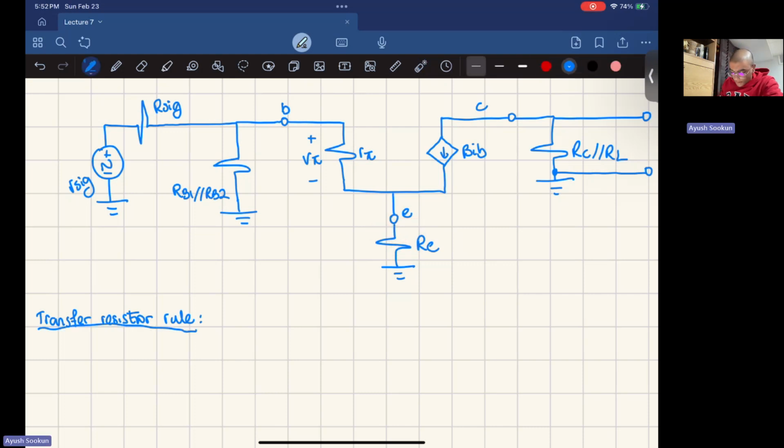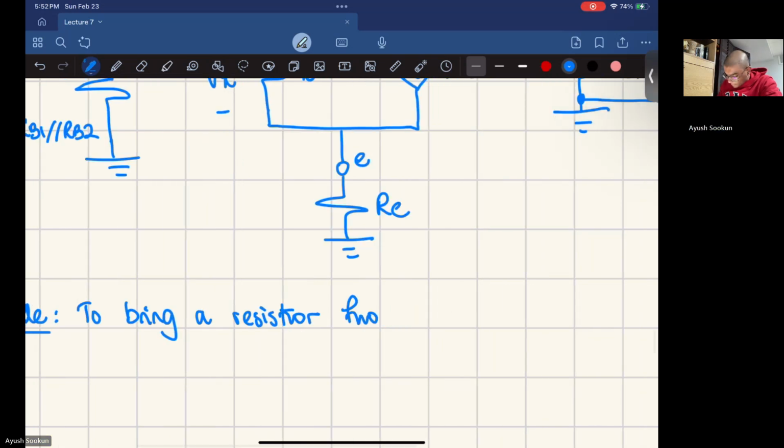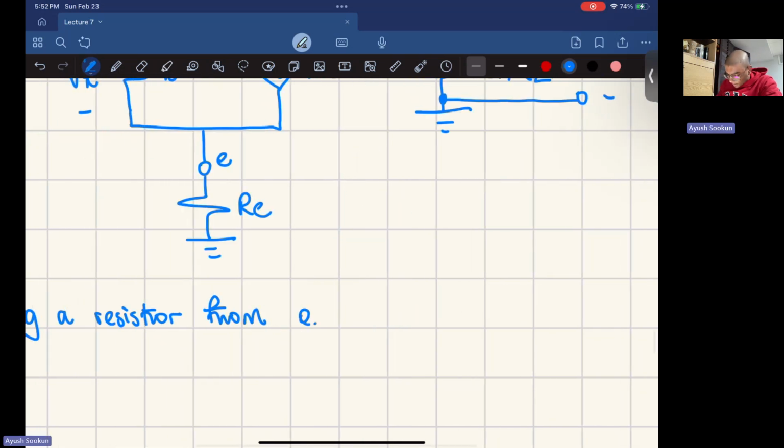Resistor transfer rule tells you to bring a resistor from emitter to base.